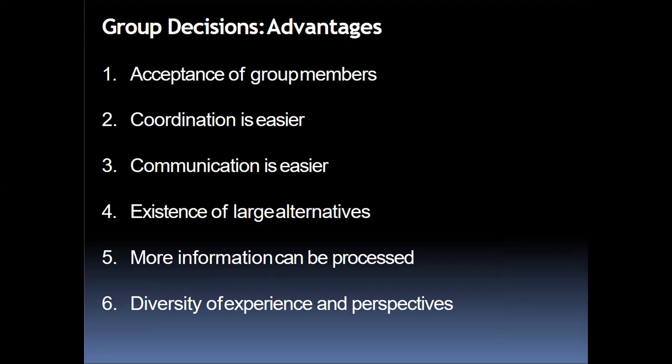Another thing is, what are the main advantages of group decision making? First thing, what we decide has to be accepted by all our team members. This comes through understanding, coordination and better communication, and also our knowledge and experience and others' opinions and perspectives.